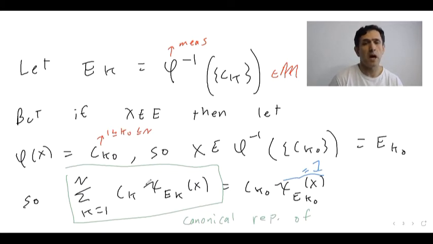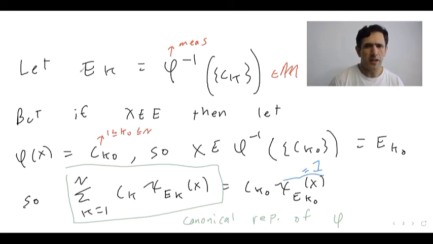You can certainly combine sets E_k if you really want to, or even break up E_k into two pieces and have repeats. There are other ways to do this, but this is the most natural. So what do I mean by this?